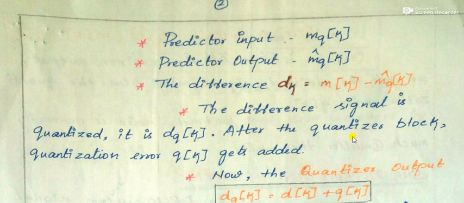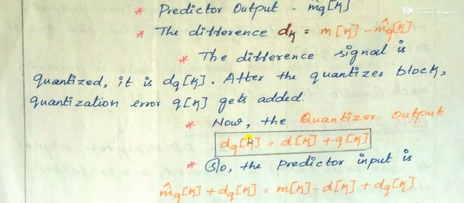Now what is the quantizer output? The difference signal is quantized and it is denoted as dq of k. After the quantizer block, the quantization error q of k gets added. So dq of k will be the difference signal plus quantization noise, so dq of k is equal to d of k plus q of k.